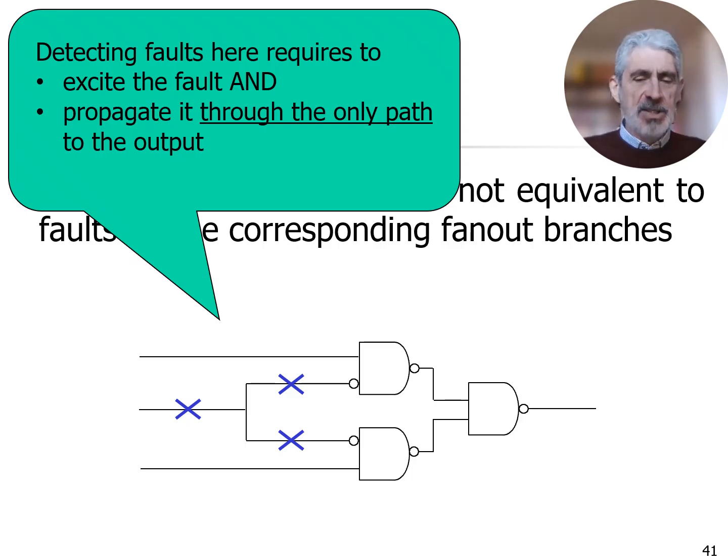So to summarize, for faults on the branch lines, you typically have a different number of possible paths the fault can propagate through up to the outputs, while for the faults on the fan-out stem, the number of possible paths is higher.